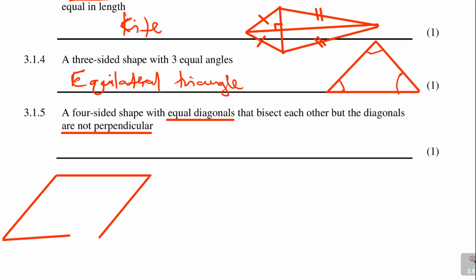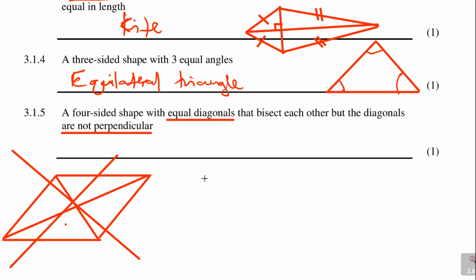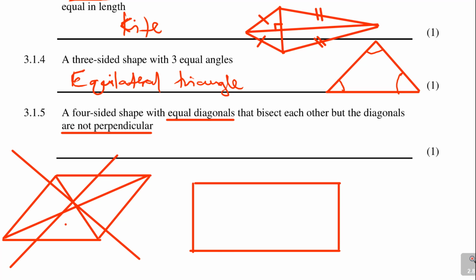As a rhombus, a four-sided shape with equal diagonals. Now, there is the problem: in a rhombus, this is not equal to that. So this one, I will say no. And then what about a rectangle? Let's try a rectangle. A four-sided shape with equal diagonals. With a rectangle, from here to here, they are equal. And then they say the diagonals are not perpendicular. Definitely. So this can be a rectangle.